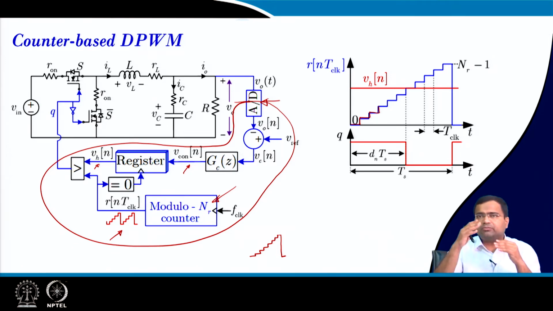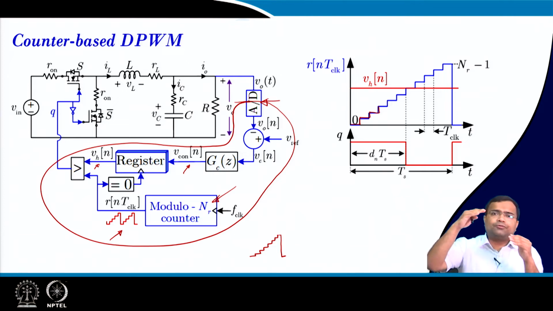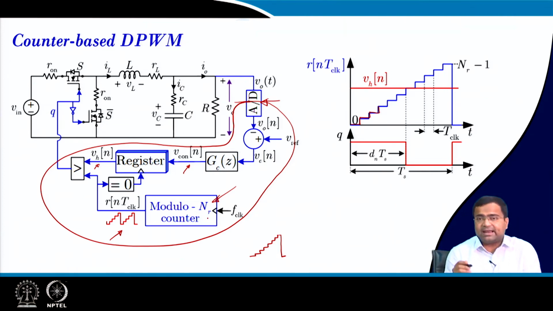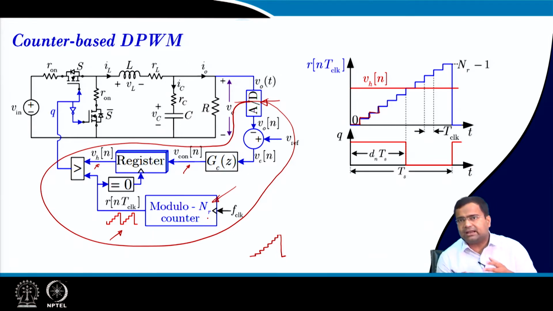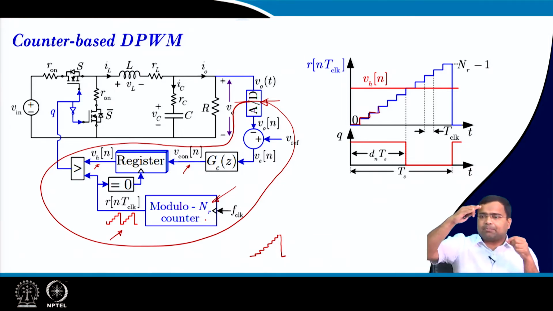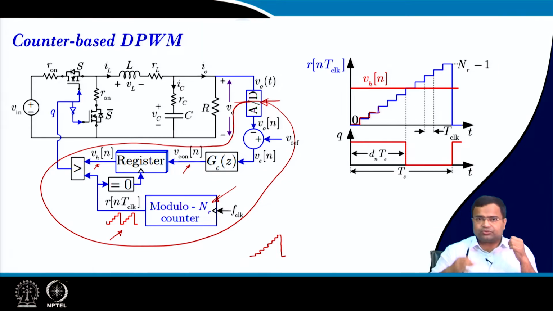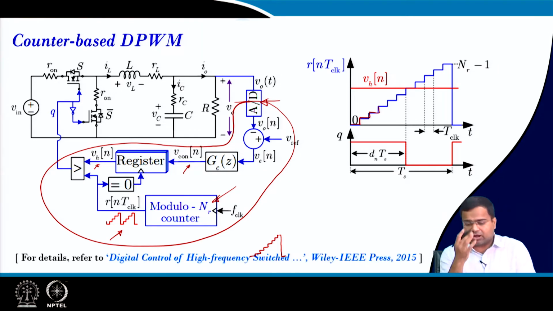So for N_R it will be 0 to N_R minus 1, and then it will reset and repeat. This is a periodic signal which hits the upper limit N_R minus 1, then resets to 0. That is called a modulo counter, and you can get details in this book.